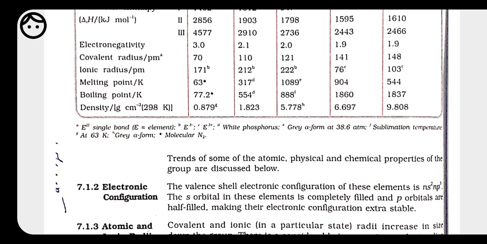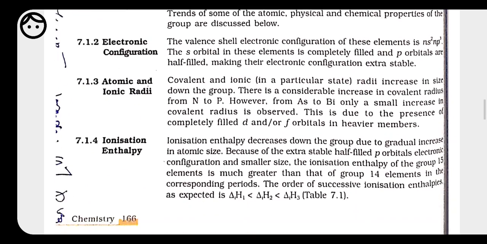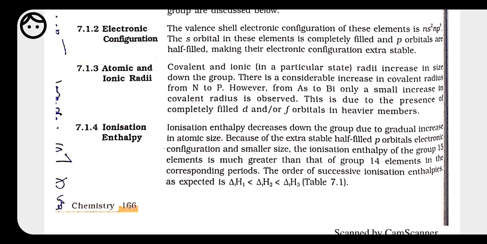It is more difficult to remove an electron from a half filled or fully filled orbital. That's why the ionization enthalpy of the second group element is more than that of group 13.